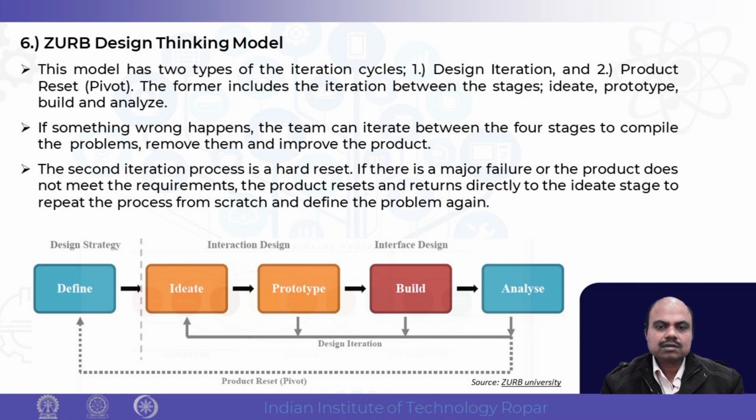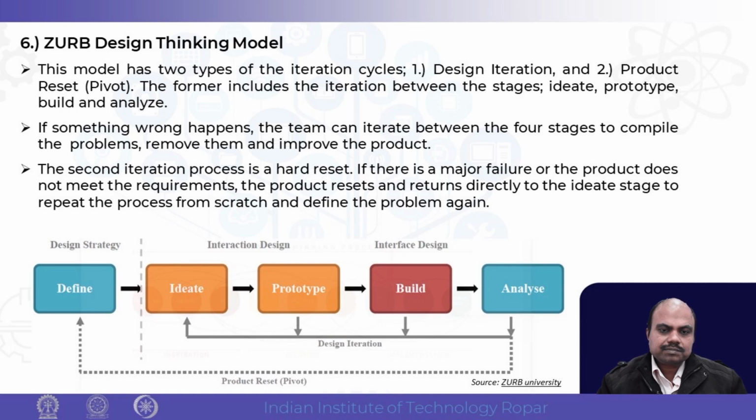The former includes the iteration between the stages ideate, prototype, build, and analyze. So if something goes wrong, the team can iterate through the 4 stages, go back, find problems, remove them, and improve the product.